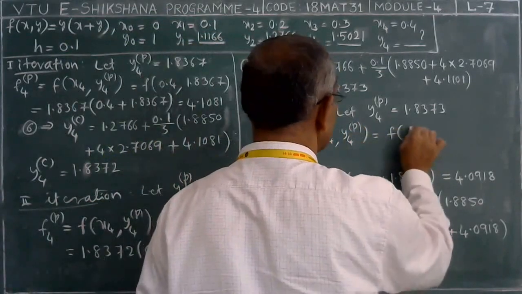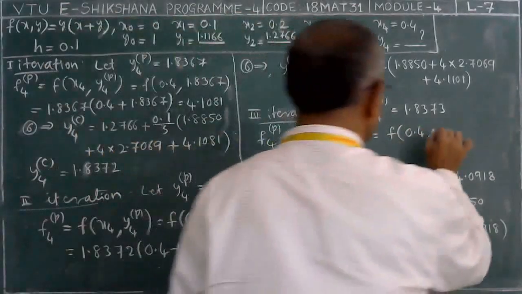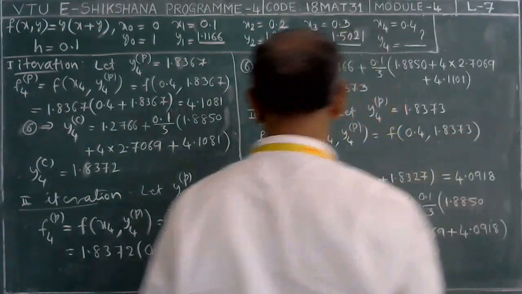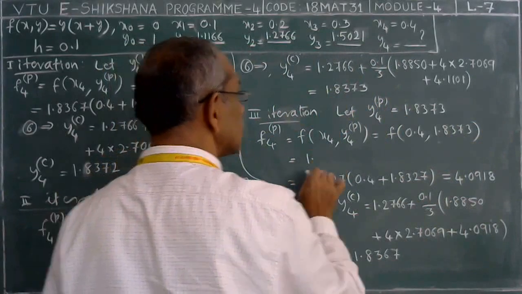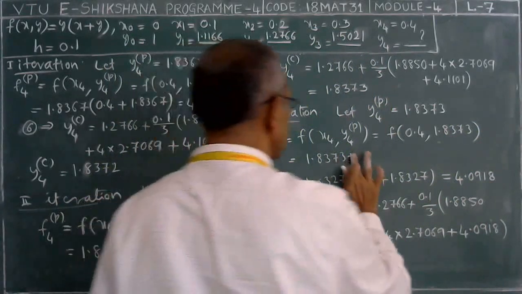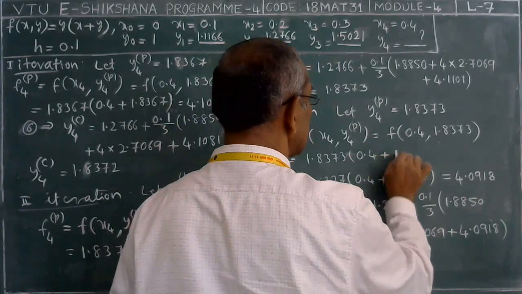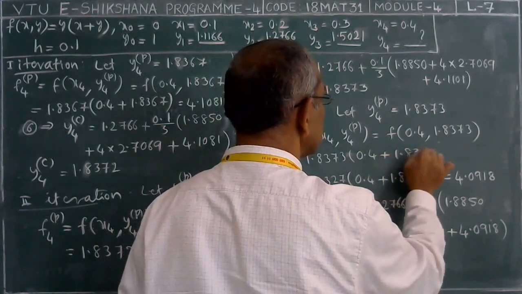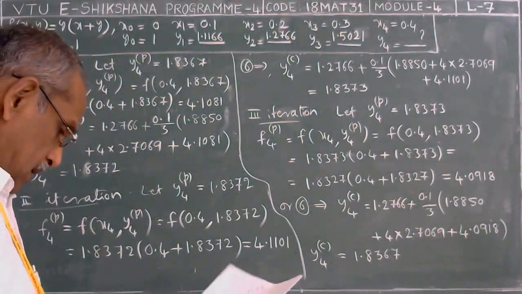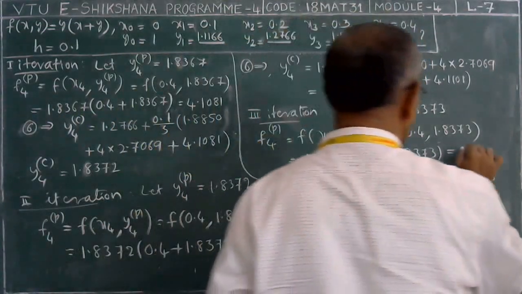So f of x4 is 0.4, y4p 1.837. So apply the definition. This is 1.8373 into x plus 1, 0.4 plus 1.837. You calculate carefully, you get f4p is equal to 4.1105.